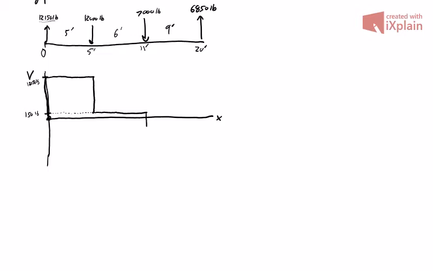So we're going to drop down by 7,000 pounds. So 150 minus 7,000 is negative 6,850 pounds. And then we're going to keep going for a while, and then at the end of our beam, we hit our positive 6,850 pounds, which is going to bring us right back up to 0. And then we have our shear diagram.